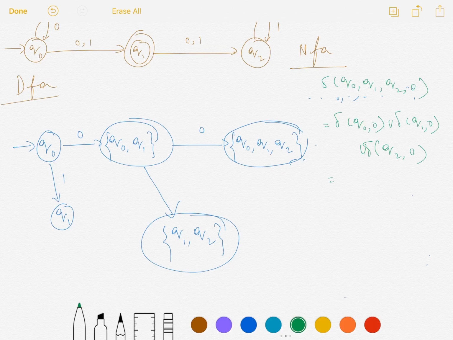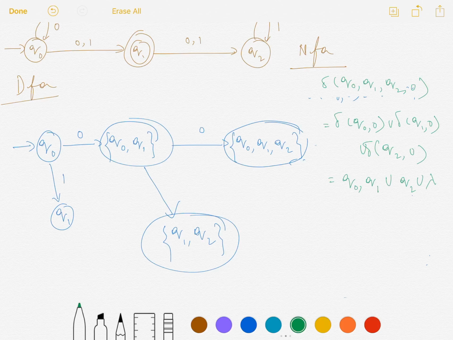Delta Q0 0 is Q0 Q1, union delta Q1 0 is Q2, union delta Q2 0 is not mentioned, so it must be lambda.